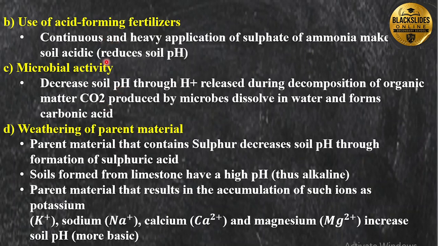I would encourage you to know how each of the factors changes the pH of a soil, because that's where the examiners will dwell when examining you on the factors that influence soil pH. So: use of acid forming fertilizers, microbial activities, weathering of parent rock, and others. For each of these, make sure you know how pH is affected.